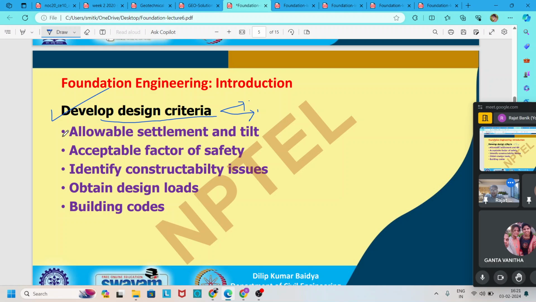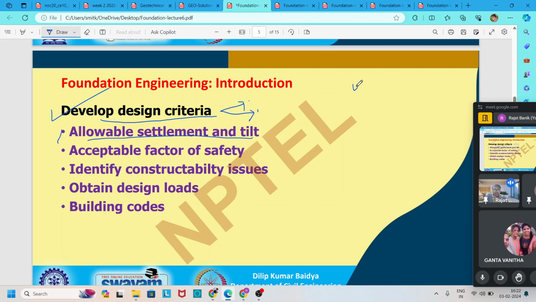First, there are some points mentioned here. We need to address the allowable settlement, that means our structure should not settle beyond that limit. Settlement means the movement of any structure due to gravity into the ground surface.